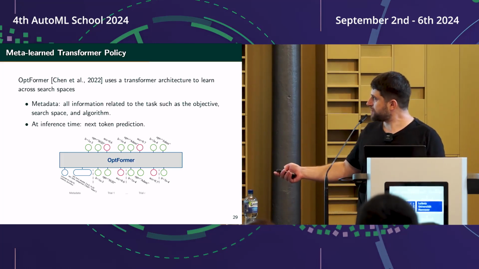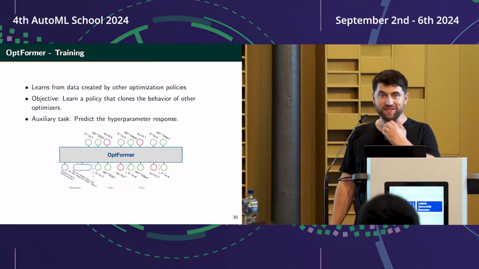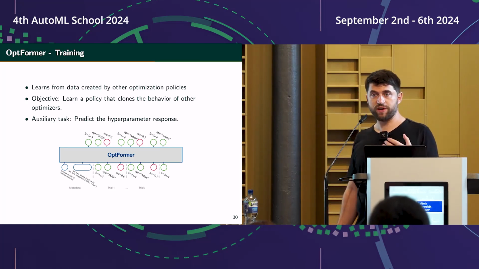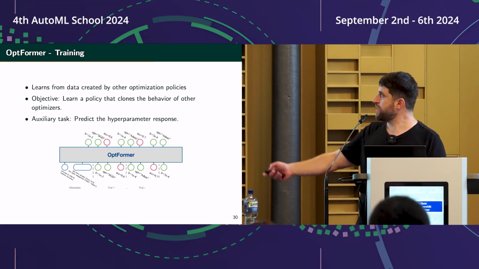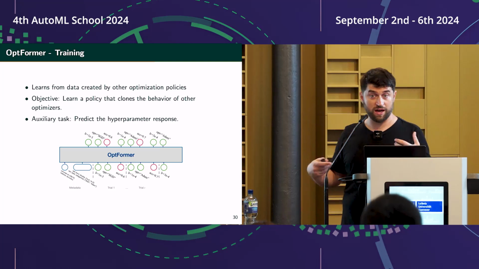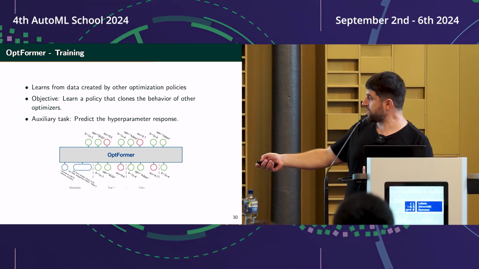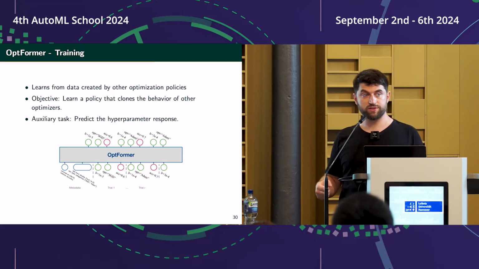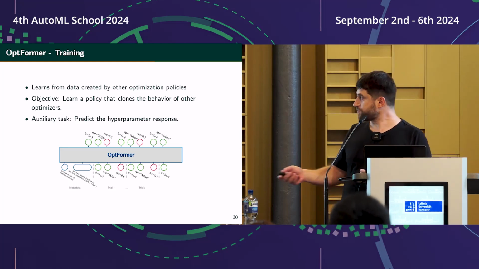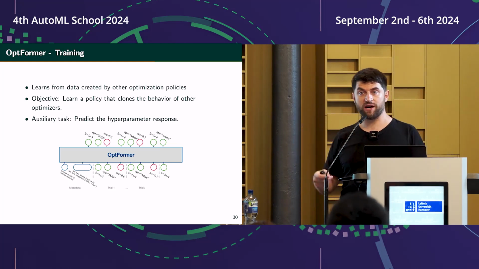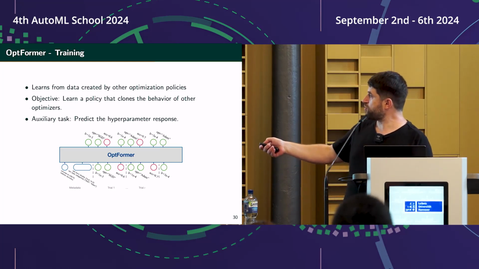And in fact, this approach, as language models have shown in many other domains, also works very well for hyperparameter optimization. So what the authors did is that they learned from data created by other optimization policies. For example, you take a sequence of evaluations from a Bayesian optimization procedure, and then they meta-learn a policy that clones the behavior of those optimizers and predicts the hyperparameter response.